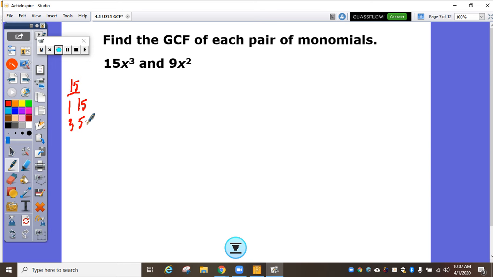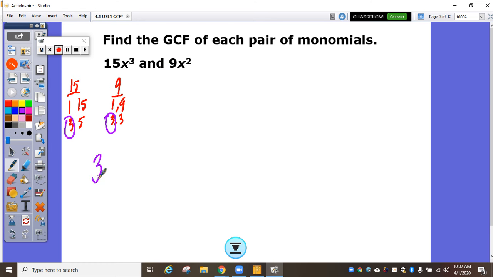Then for 9, 1 and 9, and 3 and 3. So the largest number that they both have in common is 3. My greatest common factor of the numbers here is going to be 3.